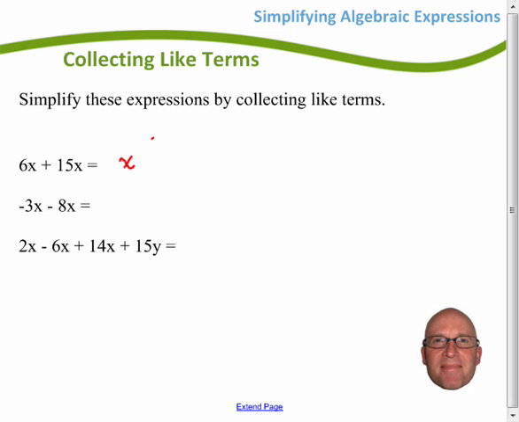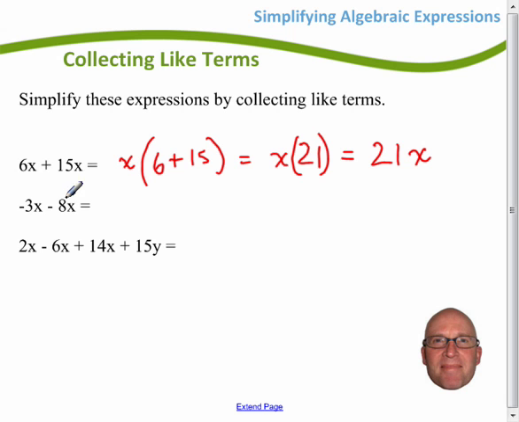I think in the book they put it at the end, but if I factor out an x, then I'm left with 6 plus 15, or 6 plus 15 is 21. So x times 21, but typically we just write that with the number first and then the letter second. So this would be 21x. But you probably thought that originally too. Typically, we don't do these steps here on paper. Typically, we just go to that step there.